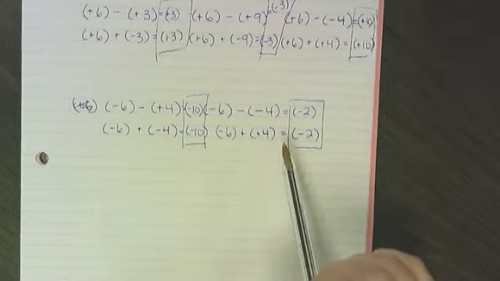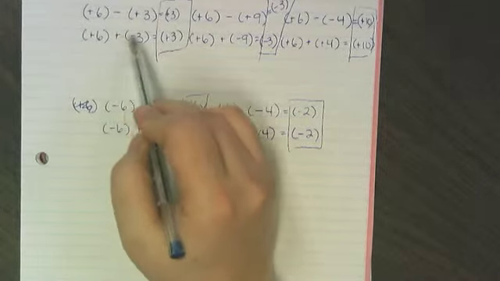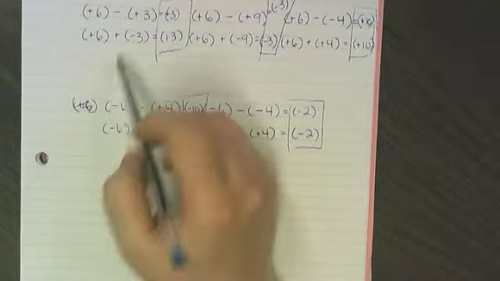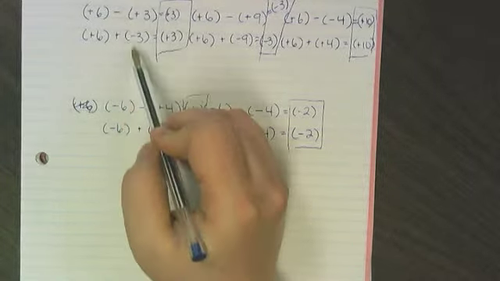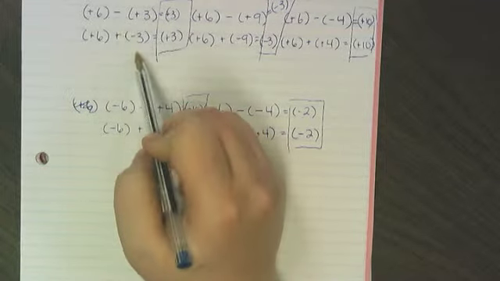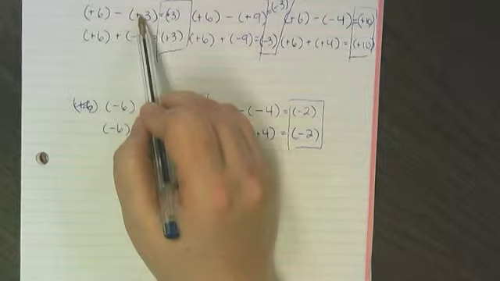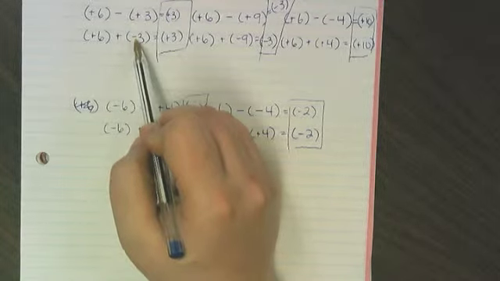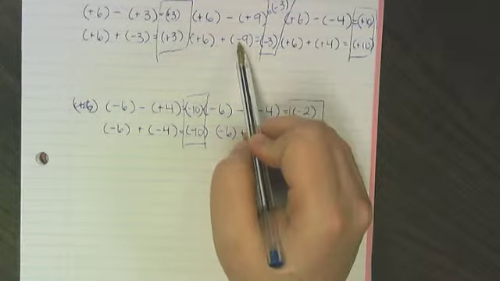What we did, in essence, was switch. If it's subtract, you change the sign of the number that's after it. We went from subtracting positive to adding negative.